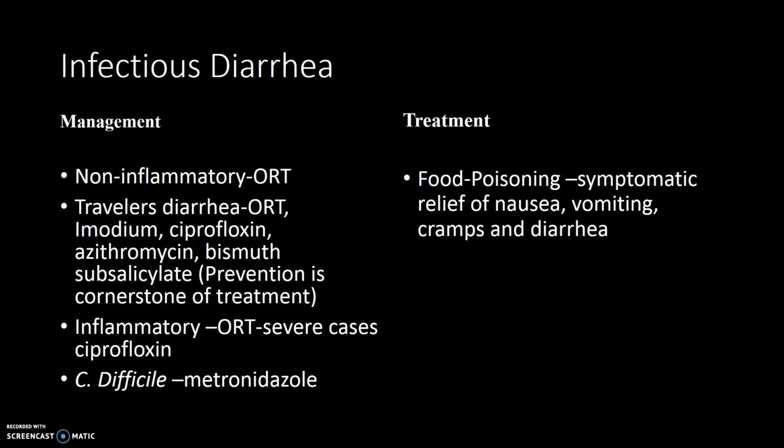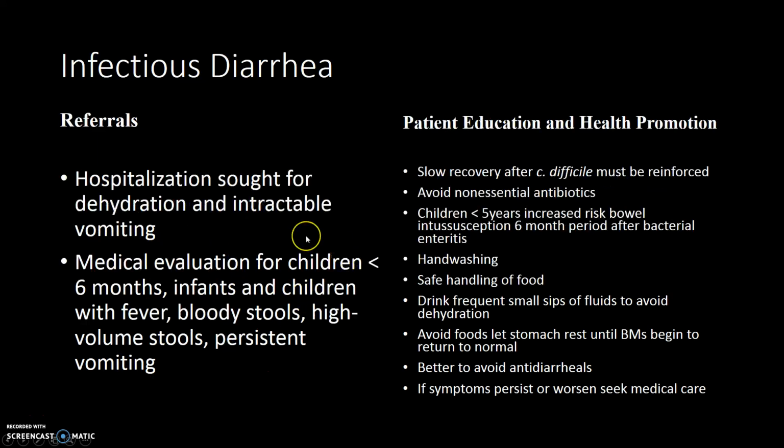There's a lot of problems and resistance in treating C. difficile. So food poisoning is generally symptomatic. It's relief of nausea and vomiting and cramps and diarrhea and just preventing dehydration. And then finally, our referrals are based on clinical judgment and the individual patient.